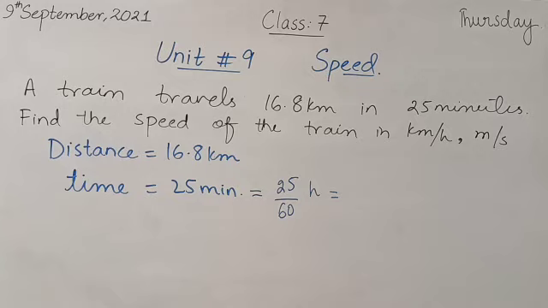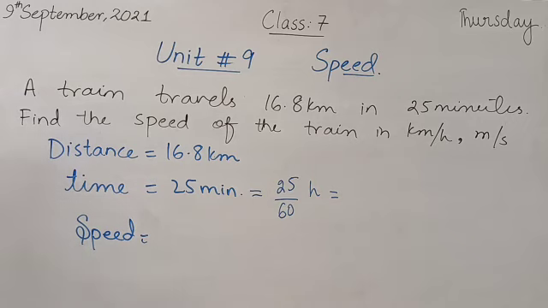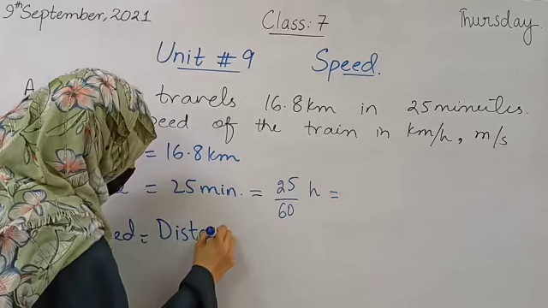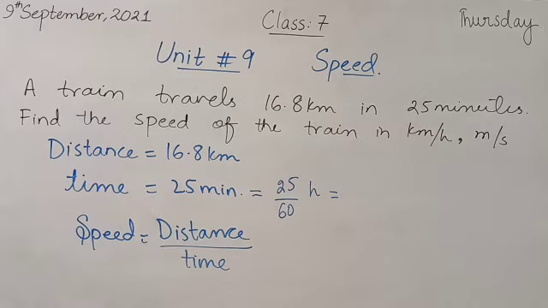The next step will be to write the formula. Yes, what is the formula? Speed is equal to distance over time. The formula of speed is distance travelled over time taken. Okay? Put the values of distance and time in the given formula and you will get your answer in kilometer per hour. Is it okay?